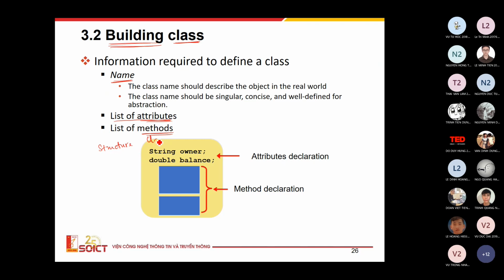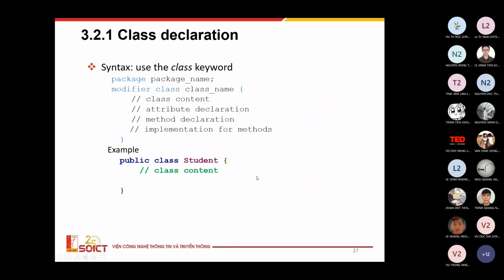And then you will define the class with this structure. Firstly, you will have the class name, and then you declare the attribute, and then you declare the method. This is the structure of a class. And in the example, you can see the syntax to use to declare the class. Remember the keyword class is used to declare a class.